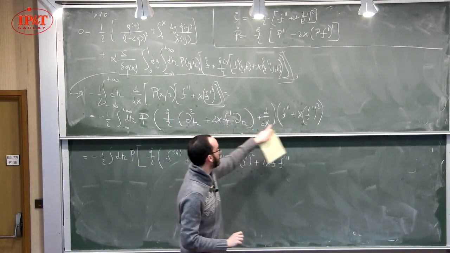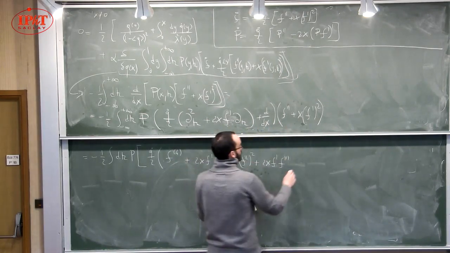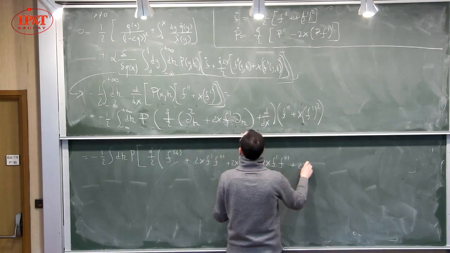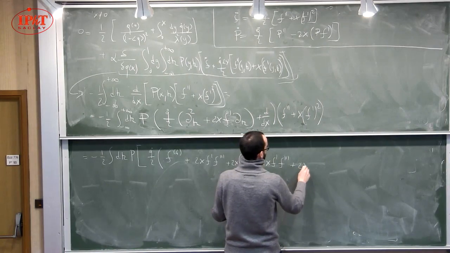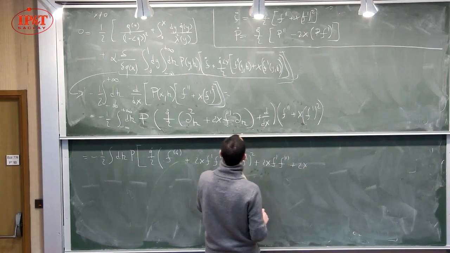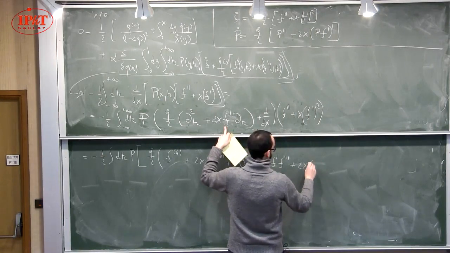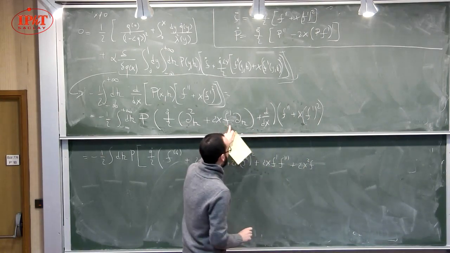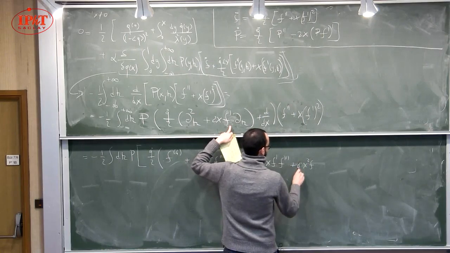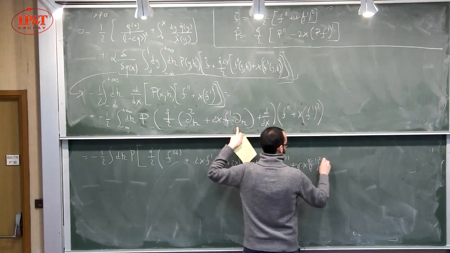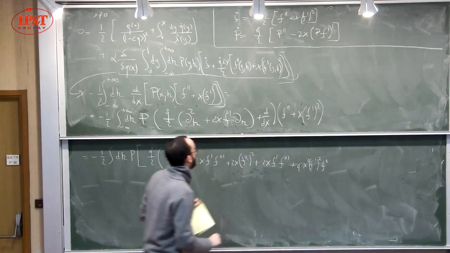And then we have this and this, which gives plus 2x squared f prime squared f7, right?